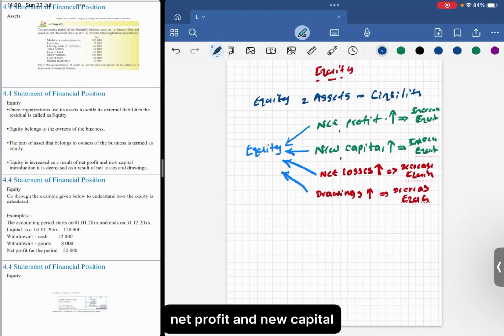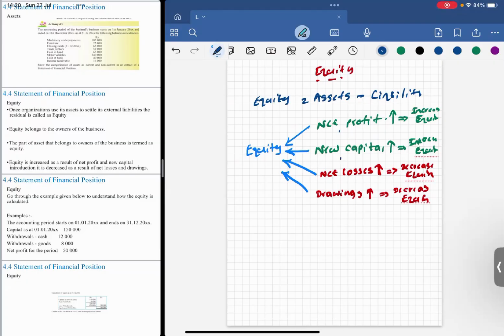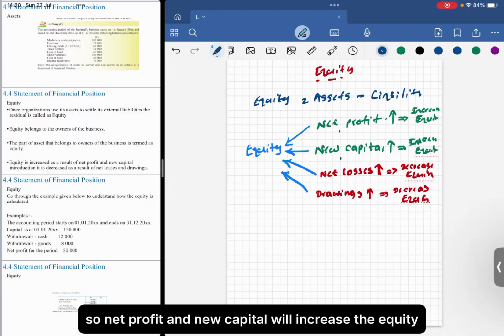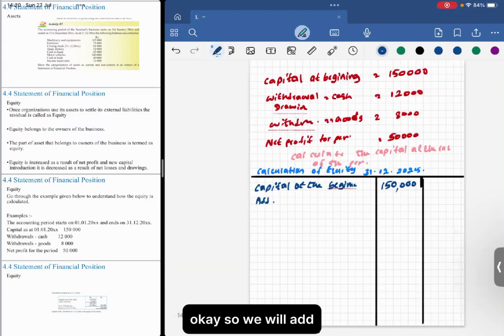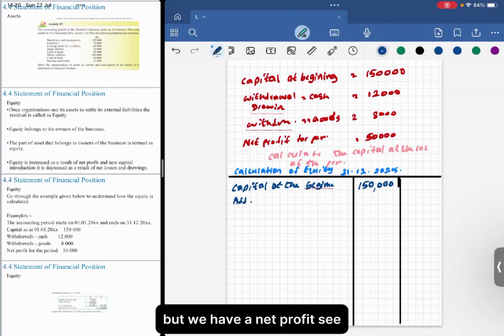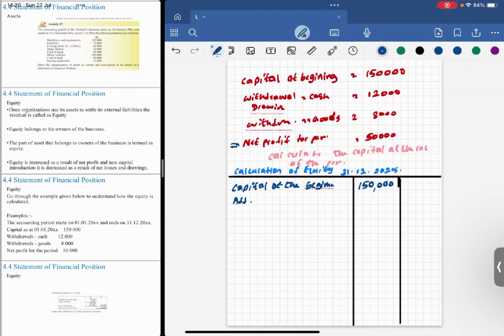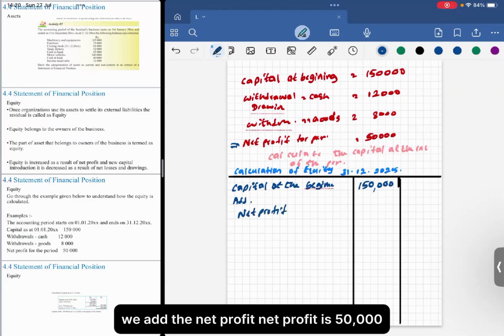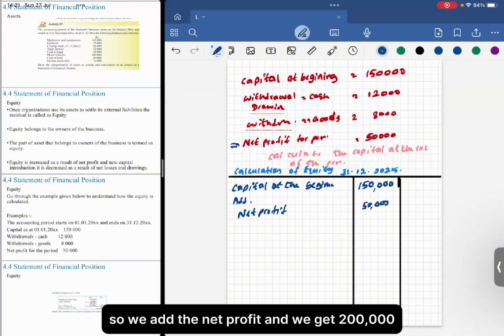Net profit and new capital. We don't have any new capital being introduced, but we have a net profit of 50,000. So we add the net profit and we get 2,00,000.